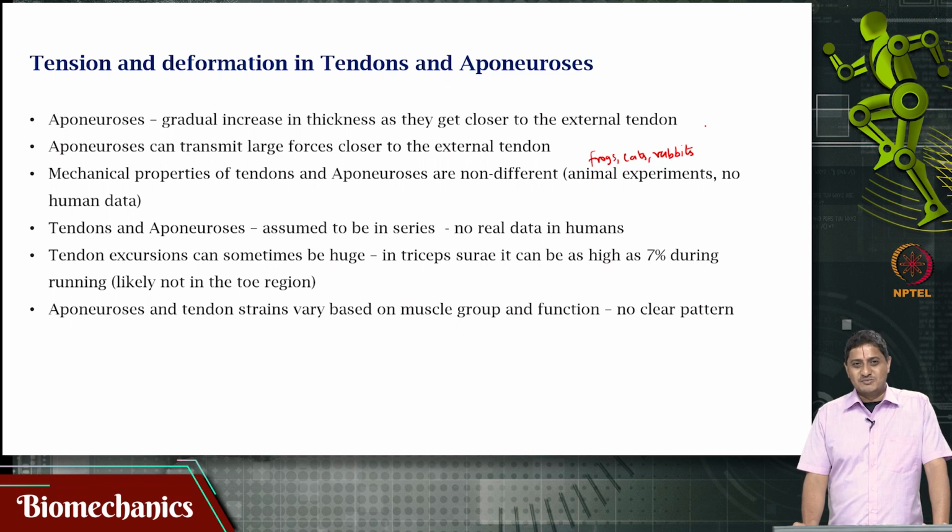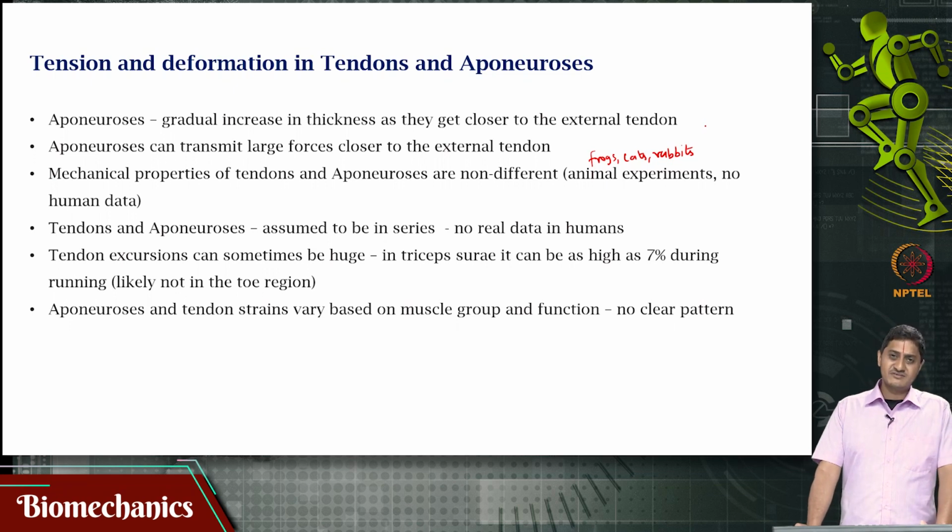These kinds of experiments are nearly impossible to perform in humans. So, no human data is available, but you can generalize this from animal experiments. Perhaps this is also likely true in humans, that the mechanical properties of tendons and aponeurosis are not different.